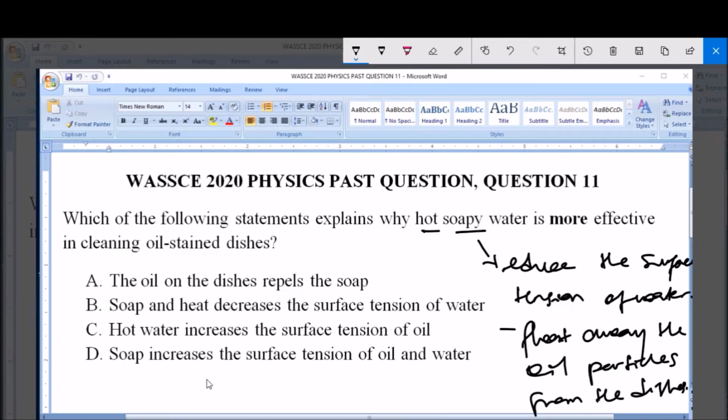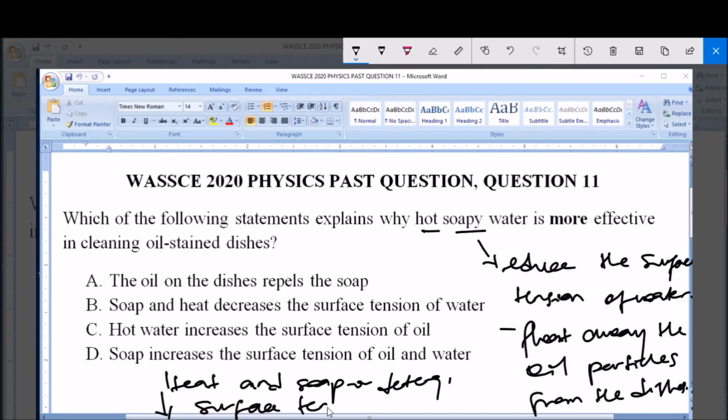And like we know, heat and soap or detergent help to lower the surface tension of water, and that is why hot soapy water is very important in cleaning oil-stained dishes.